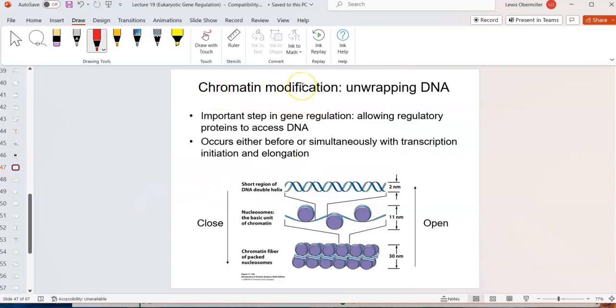So we know that chromatin can be modified. We've talked about heterochromatin and euchromatin and all this other stuff. To simplify it, it's like closing and opening a scroll, which is the example I've already used. We've talked about the 30 nanometer fiber packaged nucleosomes already when we talked about meiosis and mitosis.